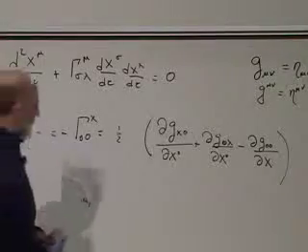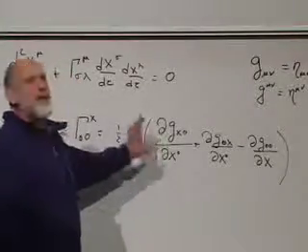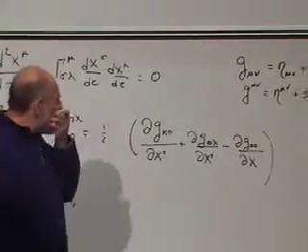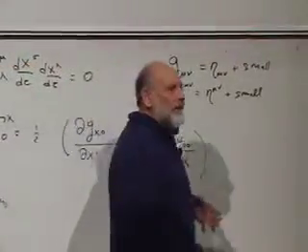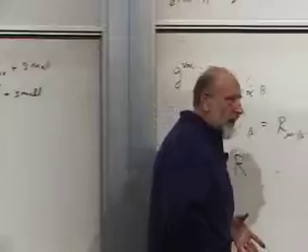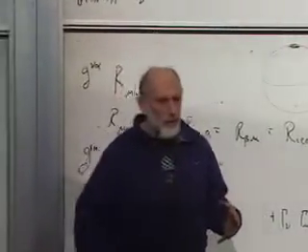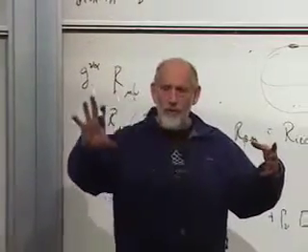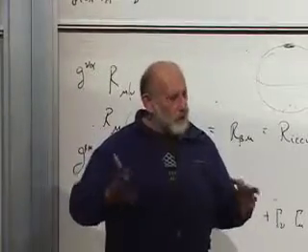Now, why do these go away? These go away because we're assuming that everything is moving slowly. If everything is moving slowly, it means the components of the gravitational field change slowly.